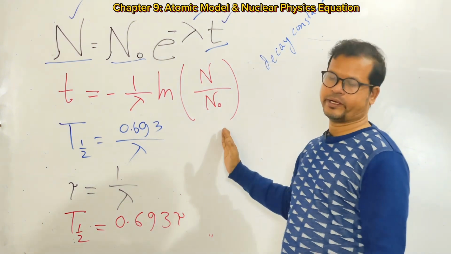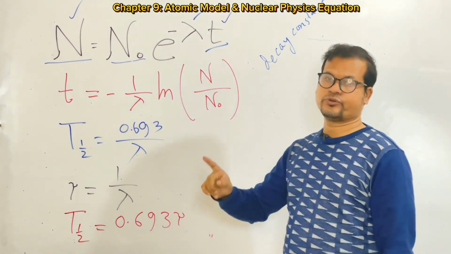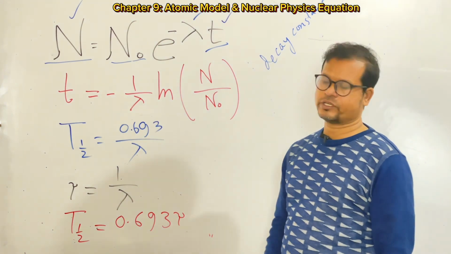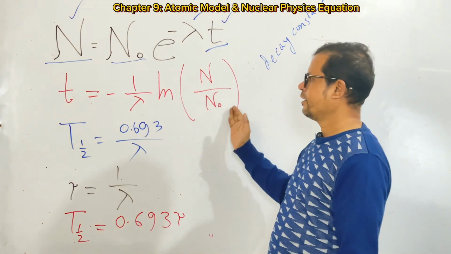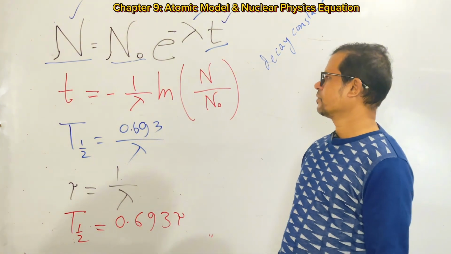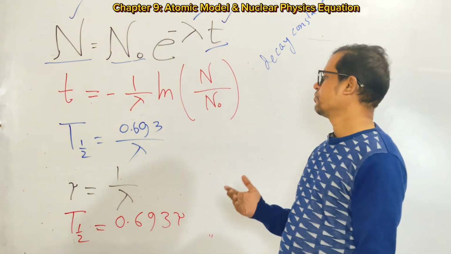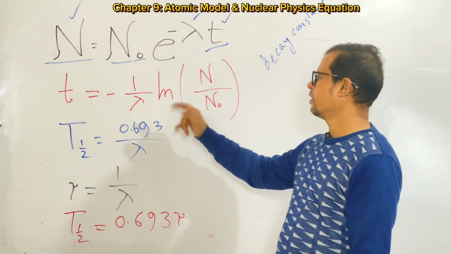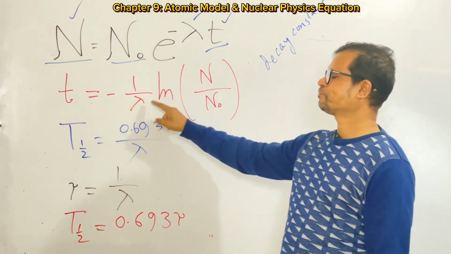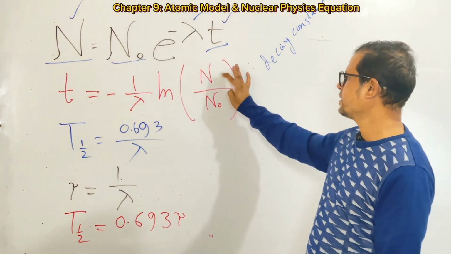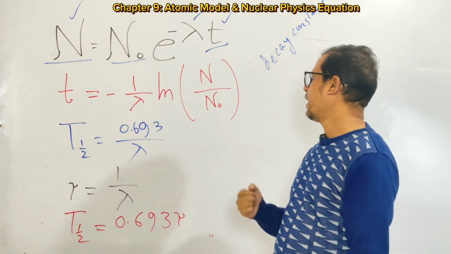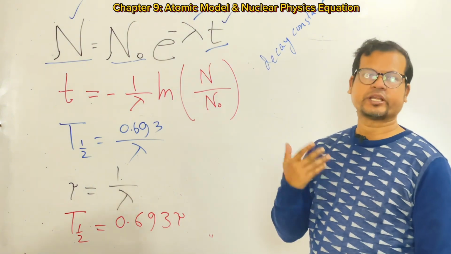Try to remember the minus sign and 1 over lambda. If the question gives you lambda, N and N naught, you can find the decay time. Just use the calculator for the ln.